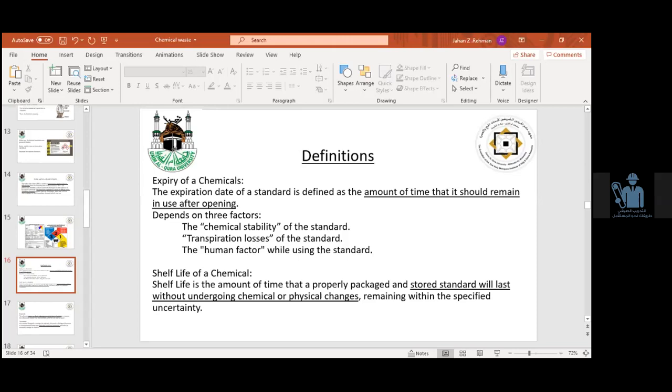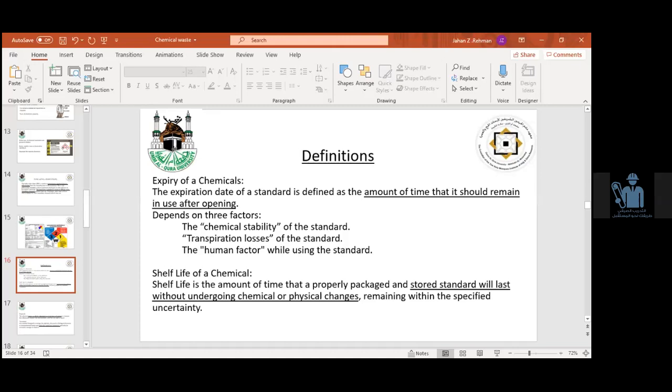I hope you understand. Shelf life. Shelf life of a chemical or anything means if you didn't open the packaging or the bottle, it is sealed as it was received from the supplier, and you put it in your store, then how much time you may keep it in your store and not use it.